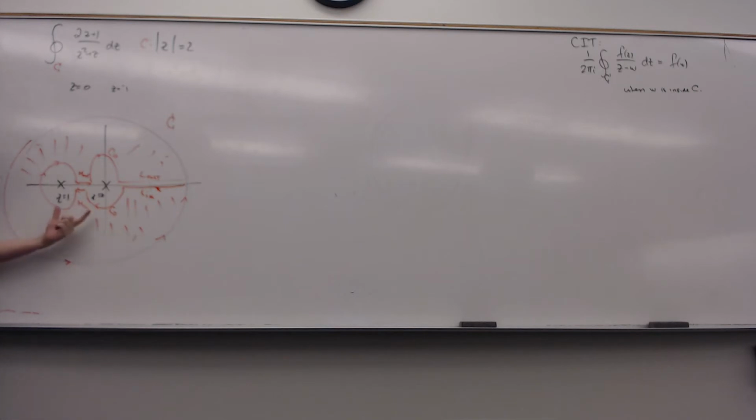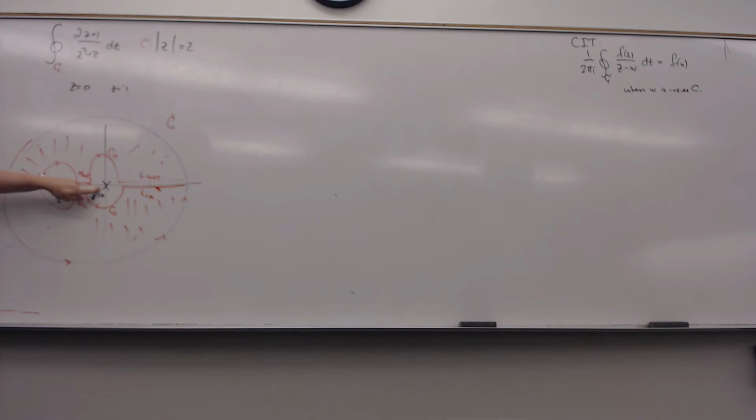But I do know that the integral around C naught in this direction is the negative of the integral around C naught in the other direction, which reverses the orientation, but also flips the area, right? That's just the rule of integration: going around a contour in one direction is the negative of going around it the other way. So we're going to cheat, basically, and by flipping the orientation, I can compute the integral on the interior of C naught. This is C naught in the backwards orientation for the integral if I was going around that singularity.